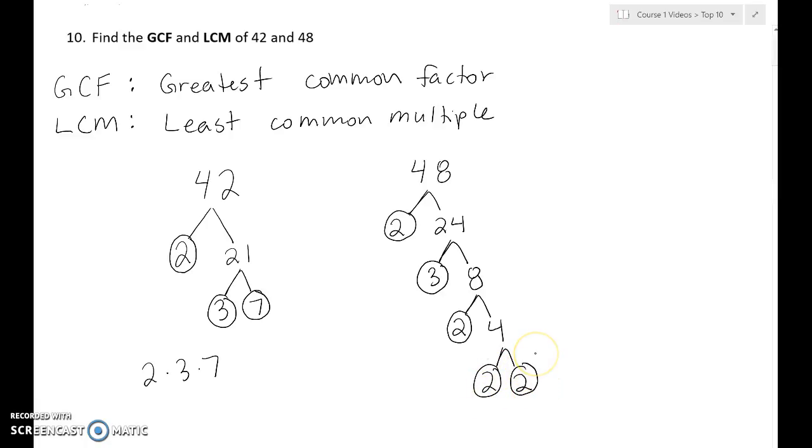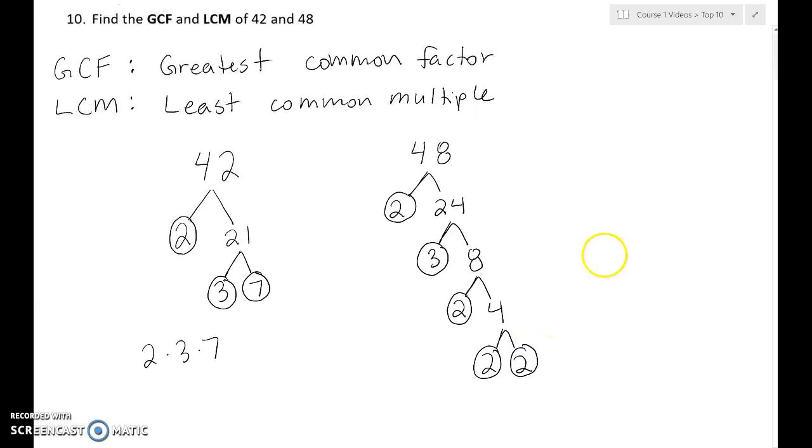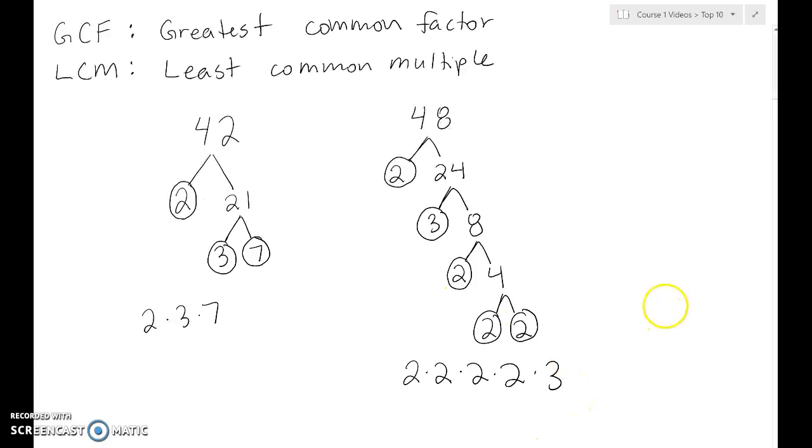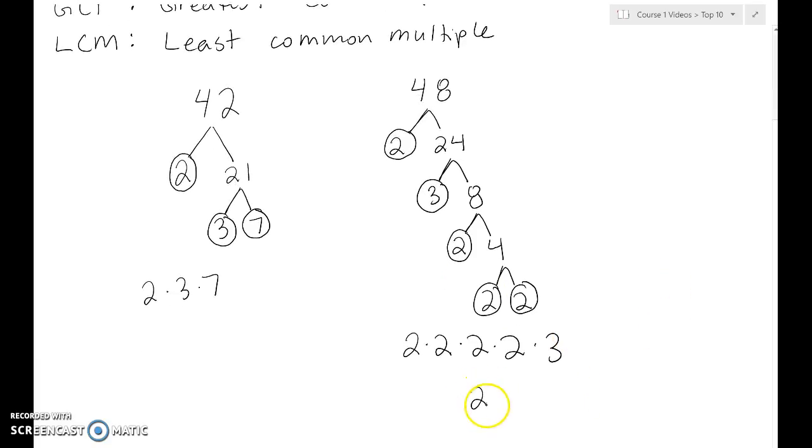So 48 can be written as 2 times 2 times 2 times 2 times 3. Or if you want to write it with exponents, 2 to the 4th power times 3. This is the expanded form of 48's prime factors, and this is exponential form.